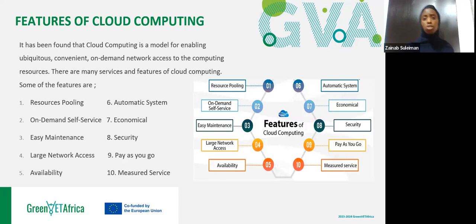So we have the features of cloud computing. It has been found that cloud computing is a model for enabling ubiquitous, convenient, on-demand network access to computer resources. There are many features of cloud computing. Some of these features are resource pooling, on-demand self-service, easy maintenance, and large network access to measured service.